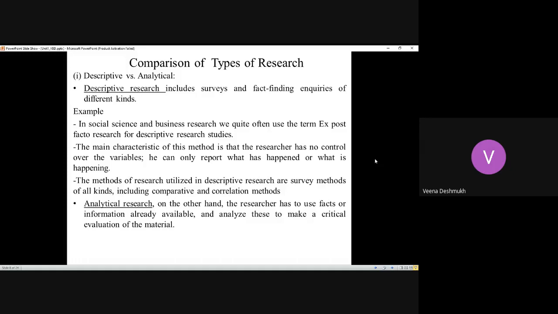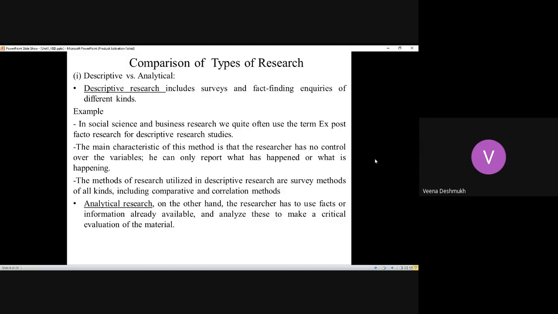So it may involve comparison, correlation, or even cross correlation also. To relate, okay, this time the temperature is so much, so the rains may be like this next time. People predict on the basis of the temperature levels how the rains are going to be, how the winters are going to be, how much cold it is going to be. That kind of cross correlation is also possible.